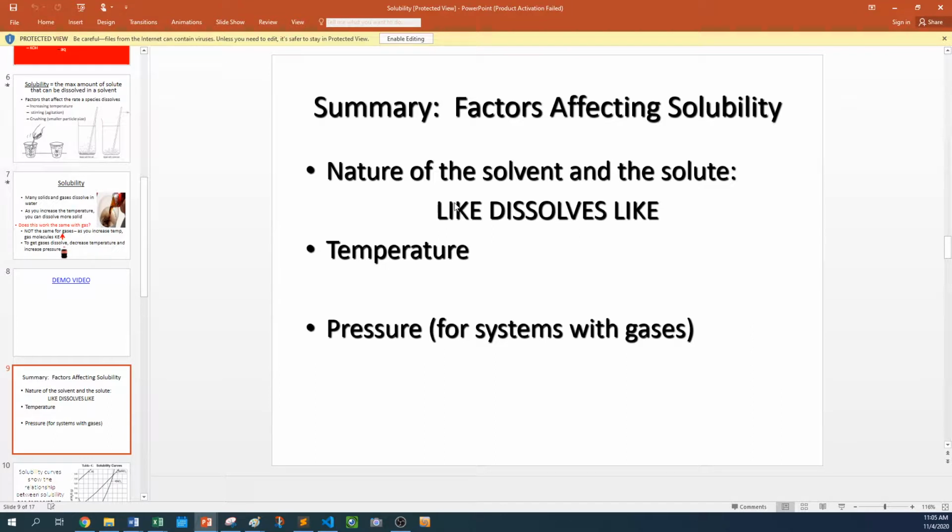The nature of the substances: like dissolves like. What does that mean?